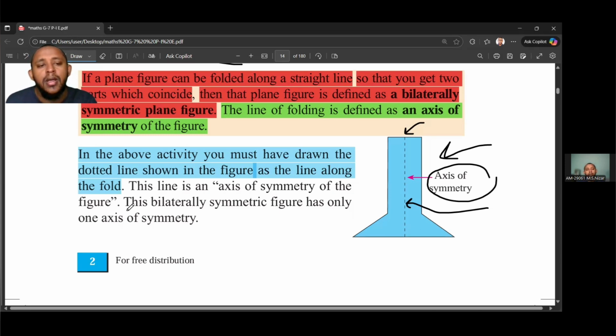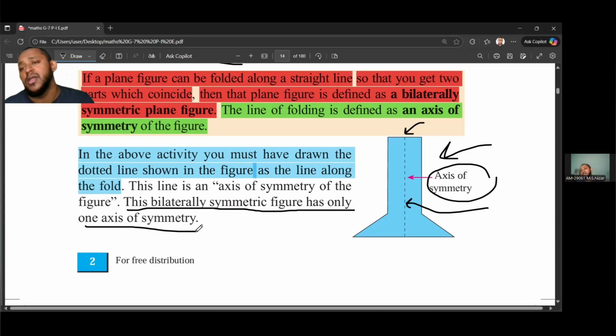Moving ahead. This bilaterally symmetric figure has only one axis of symmetry. It's visible to you that there is just one axis of symmetry. Can you have another one toward this side, perpendicular to the previous line?